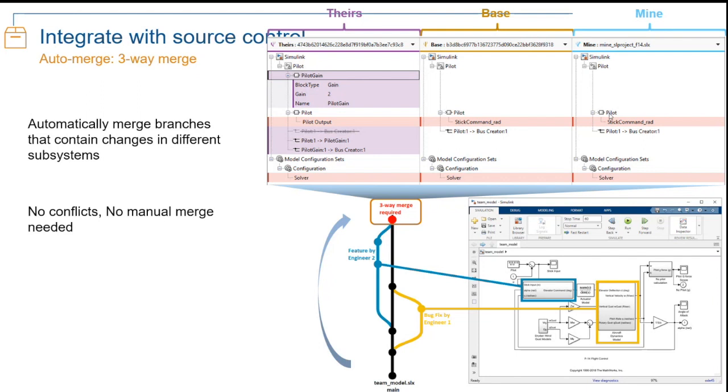If the team is working on one single project and one single file, I can compare the changes I have done and what my colleagues have done with the base file or with these two different versions, so that we can merge very easily, get the expected output, and continue with our project.